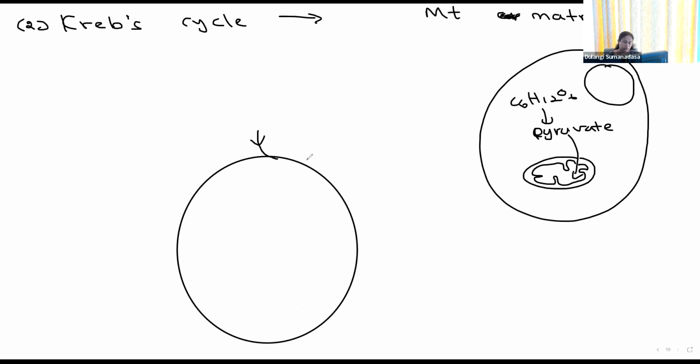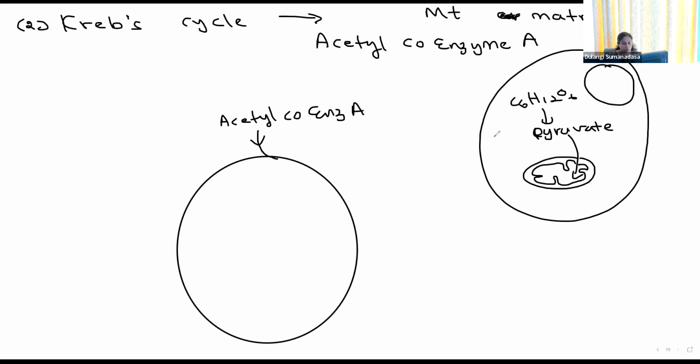But the input of Krebs cycle is a 2-carbon acetyl coenzyme A. Right? So write it down. What enters into the Krebs cycle is the acetyl coenzyme A. It's a 2-carbon compound.